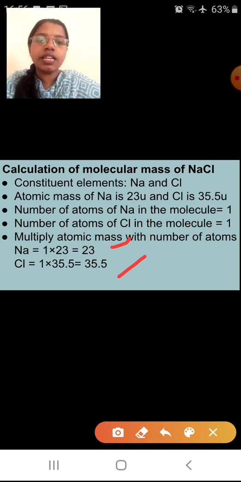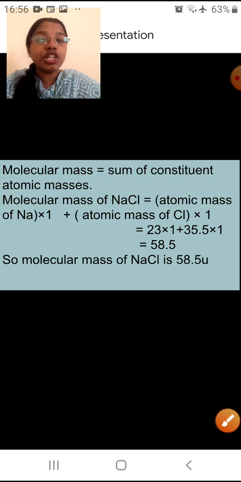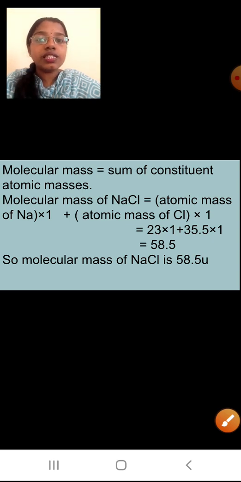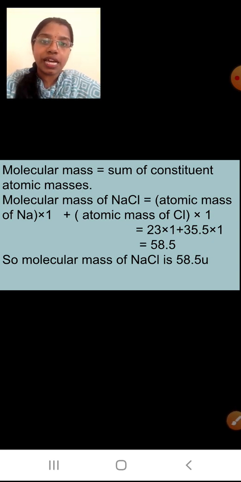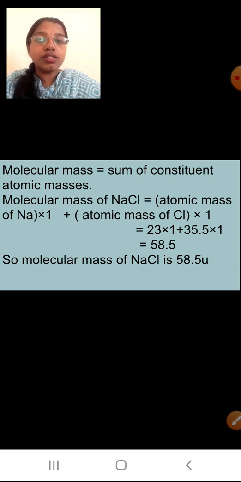Okay, students. Now, molecular mass is equal to the sum of constituent atomic masses. So the molecular mass of NaCl is equal to the atomic mass of Na multiplied by 1 because only one atom is present, plus the atomic mass of chlorine multiplied by 1.